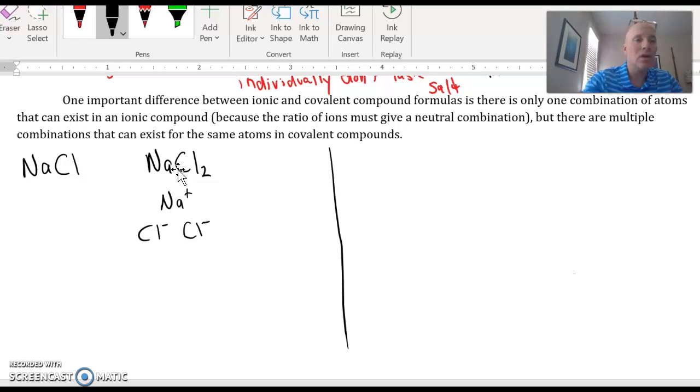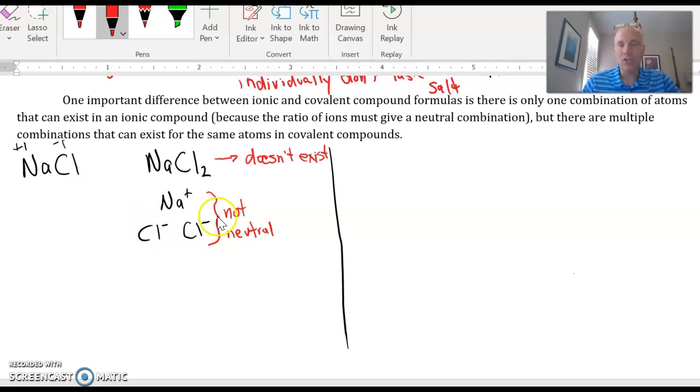We know that sodium tends to make a +1 ion and chloride tends to make a -1 ion. So if you were to say, well, why can't we have a compound which is NaCl2? Well, you can explain that by just showing the ions. Sodium makes a +1 ion, chloride makes -1 ions, and if we were to show this overall arrangement right here, that would not be a neutral compound.